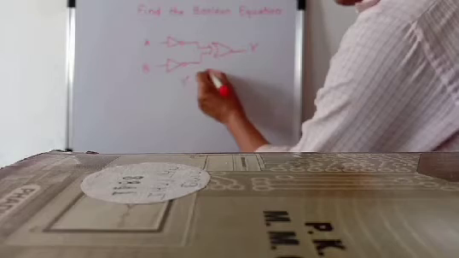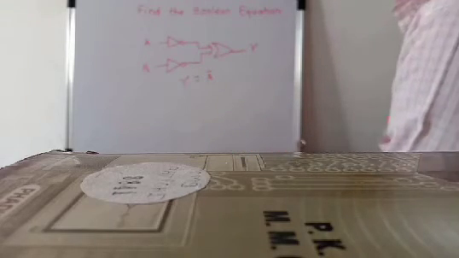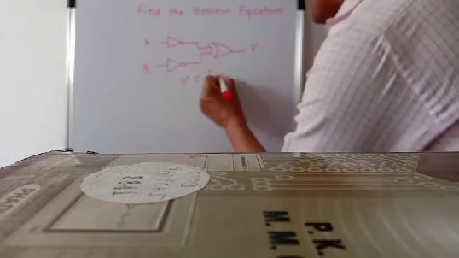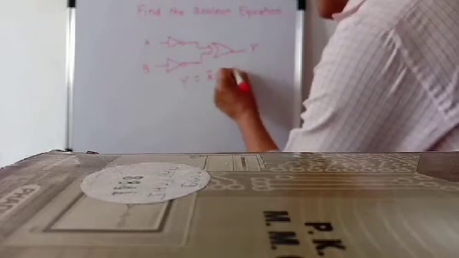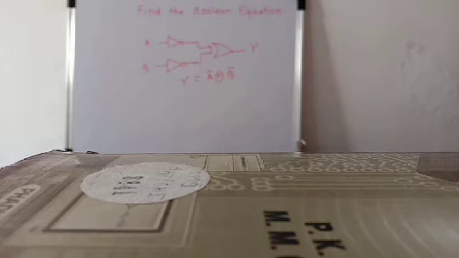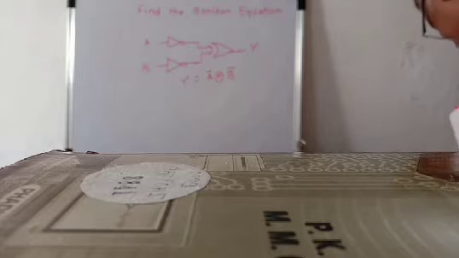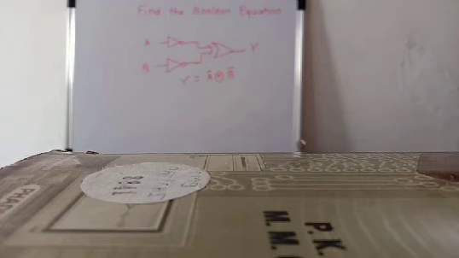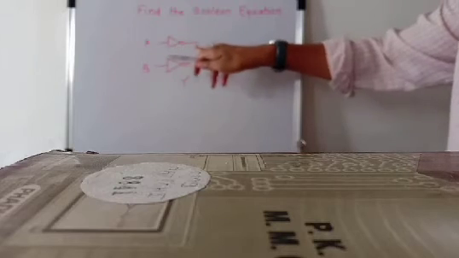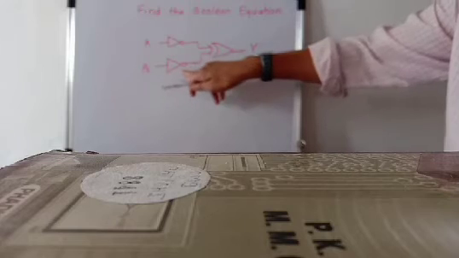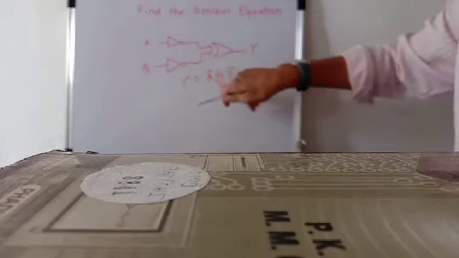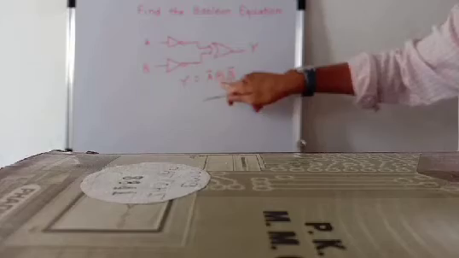Y is equal to A bar XOR B bar. A is inverted by this NOT gate, so here we are getting A bar XOR B, which is also inverted by the lower NOT gate. So A bar XOR B bar.